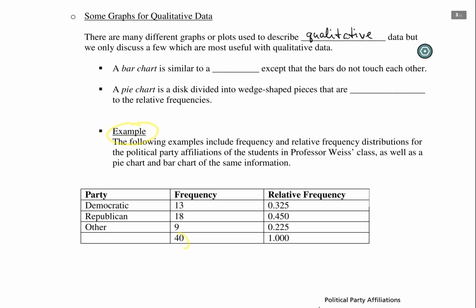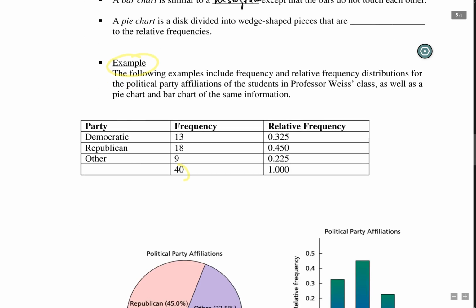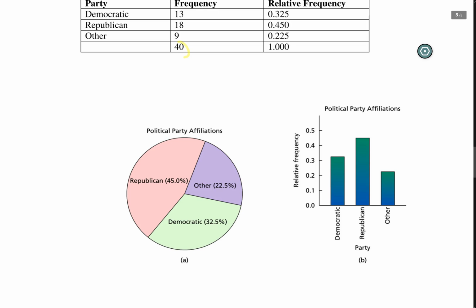The way we can look at this pictorially, a couple of common ways, is a bar chart. Now, a bar chart is similar to a histogram, but generally in a bar chart the bars don't touch each other. This here is the bar chart.